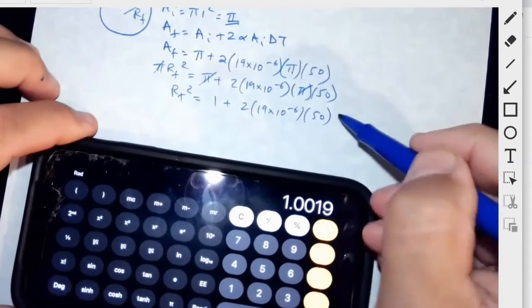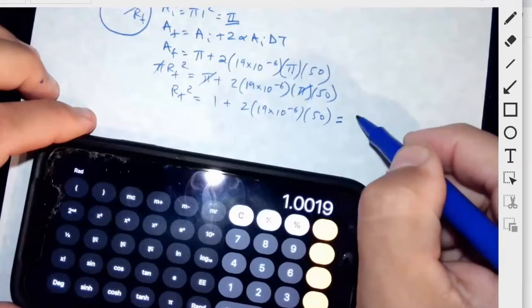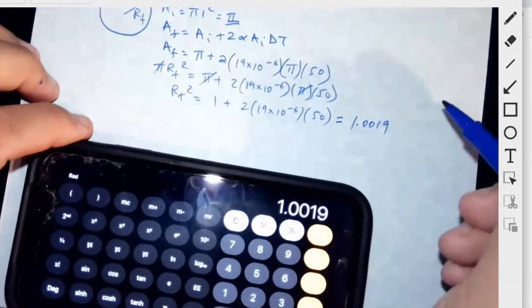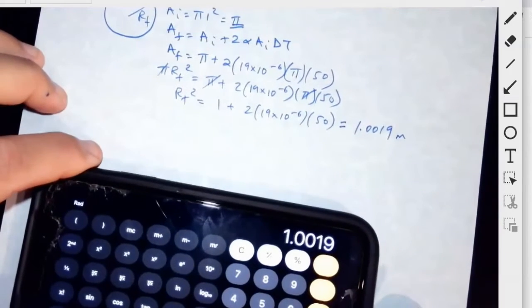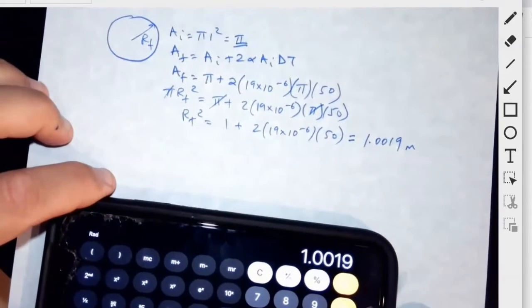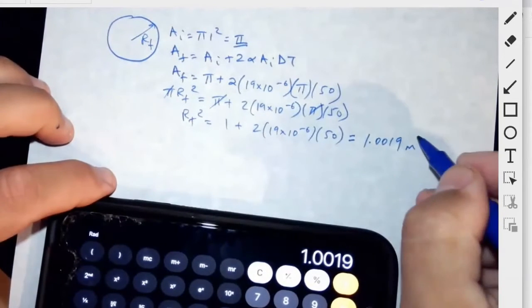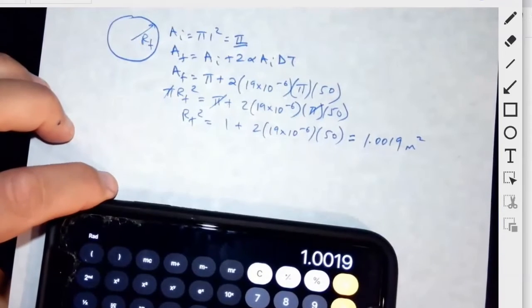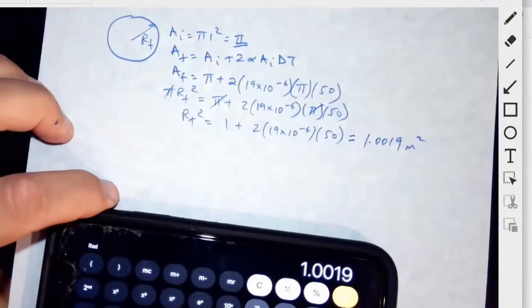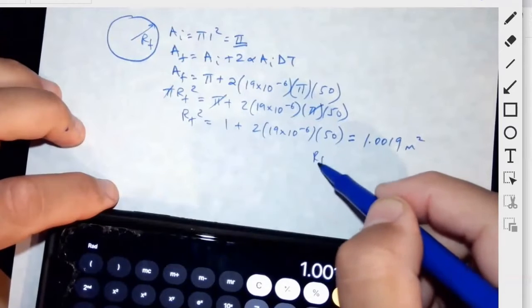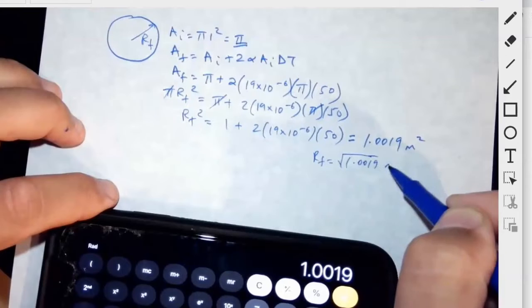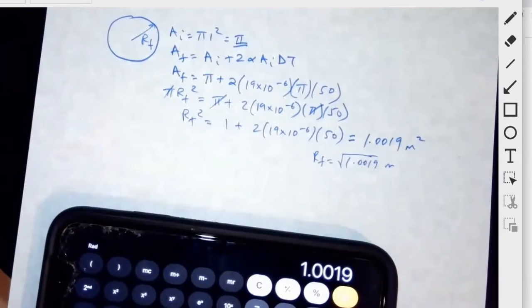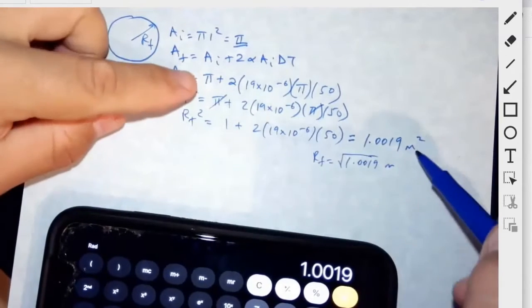So that means R final squared is 1.0019 meters. Oh, that's R final squared. It's not the radius, so this is actually meters squared. So then R final is going to be what? The square root of 1.0019. How did this become meters squared?